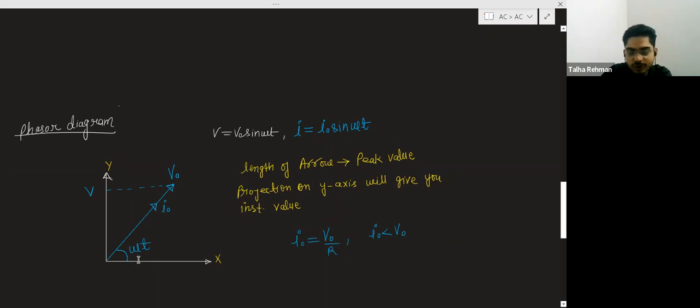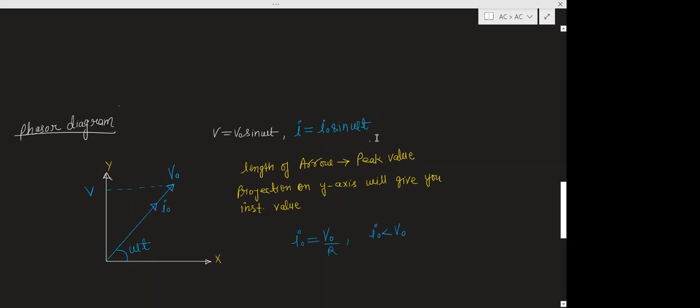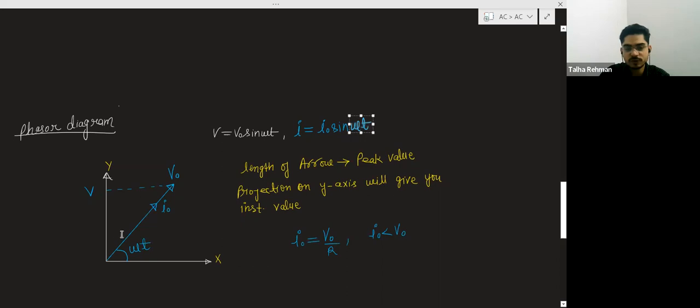And how will you write the angle with x-axis? This omega t. The angle is same for the current and same for the voltage. That is why the phasor diagram of both current and the voltage will coincide.